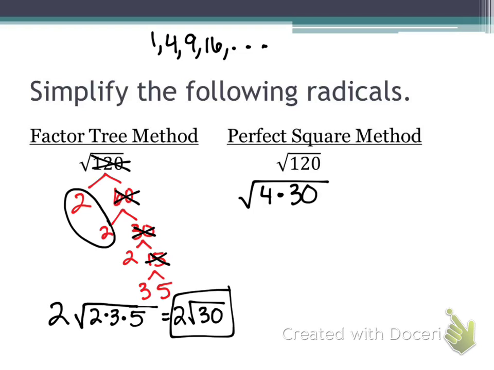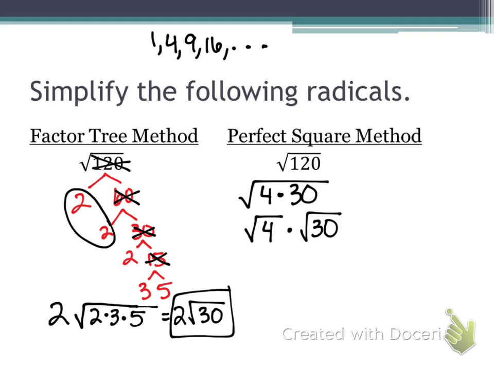So this is using that product property from the box right above. We broke 120 into 4 times 30. And then we can break the radical over the multiplication problem. So the square root of 4 times the square root of 30. The reason we looked for a perfect square number is that we can take a square root of a perfect square number. What's the square root of 4?